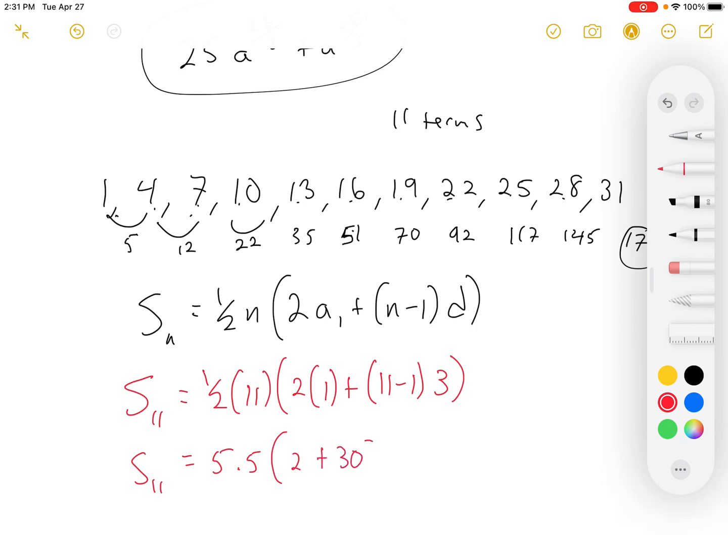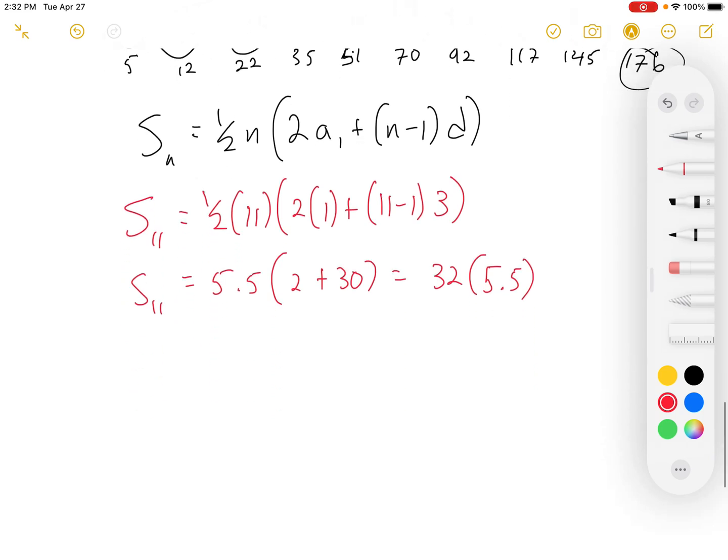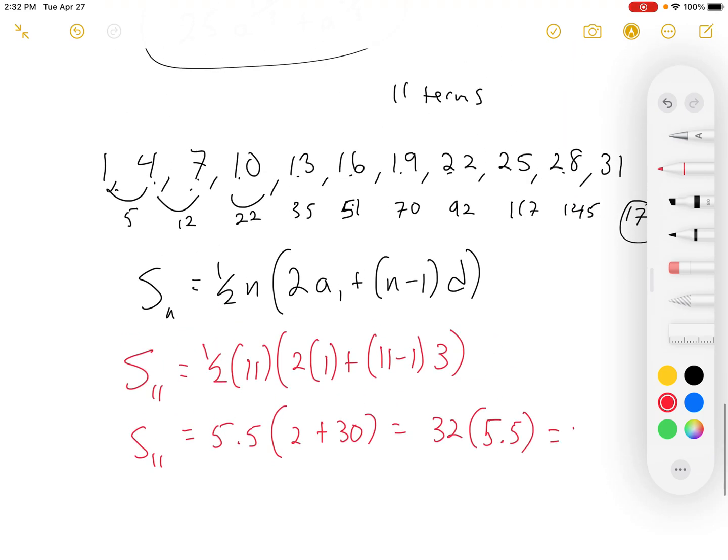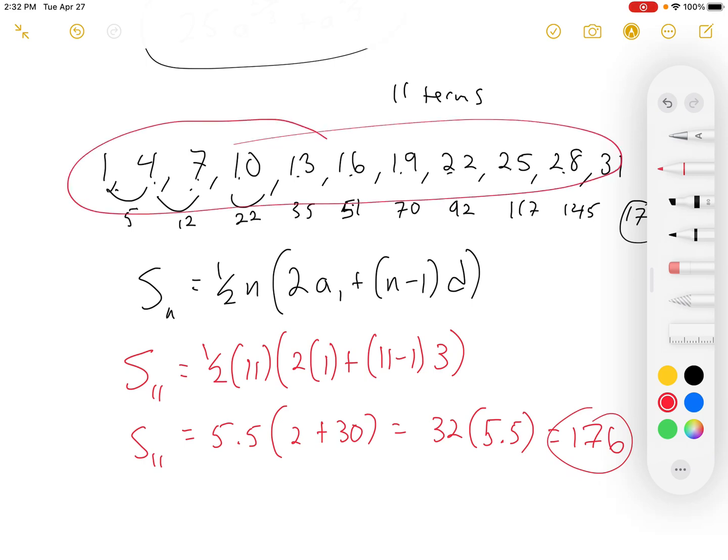This is going to be 2 plus 30. So that's going to be 32 times 5.5. Let's see what we get. 32 times 5.5. 176. Oh, look at that. 176. So it works.